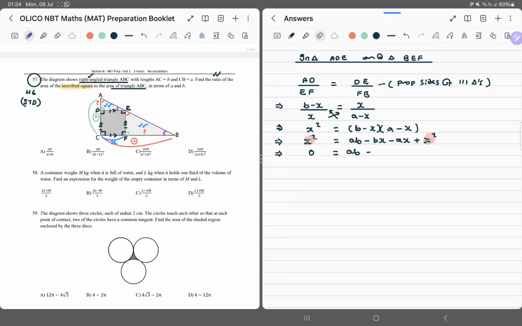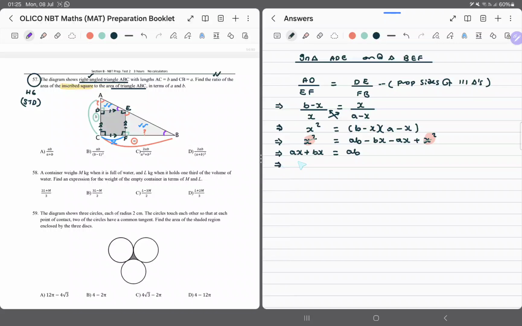Maybe let's just do this. Let's just transpose this too. We transpose this to the other side. It's going to be AX plus BX. Okay, they become positive. They are each going to be equal to AB.